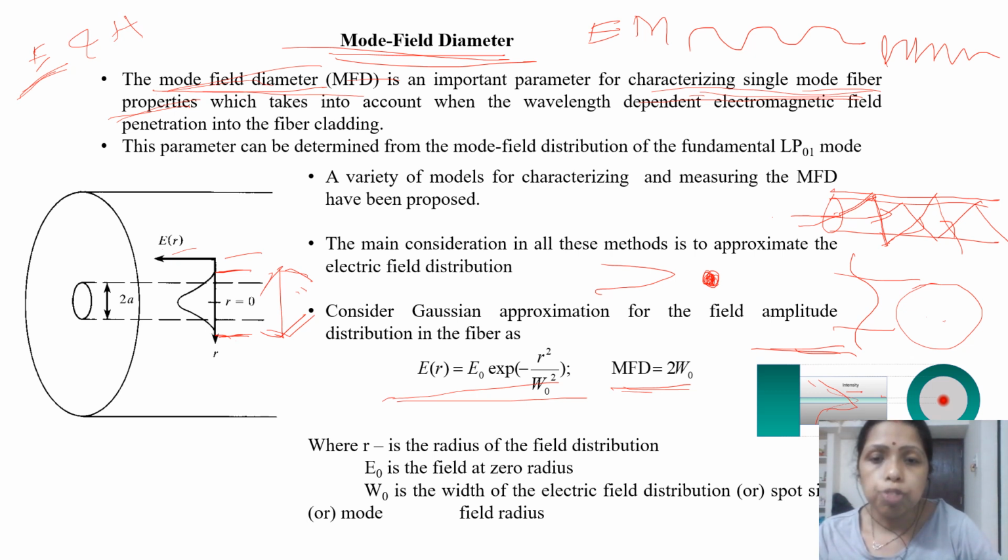If the field is not distributed in a proper way, it is just spread, so the mode field diameter will increase. It is double the width of the electric field distribution, or spot size.